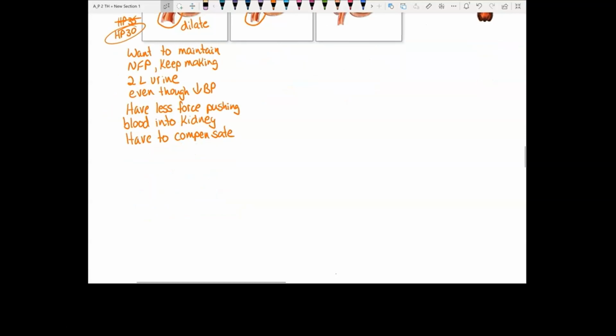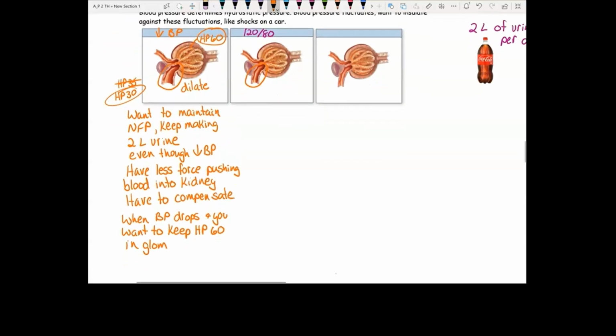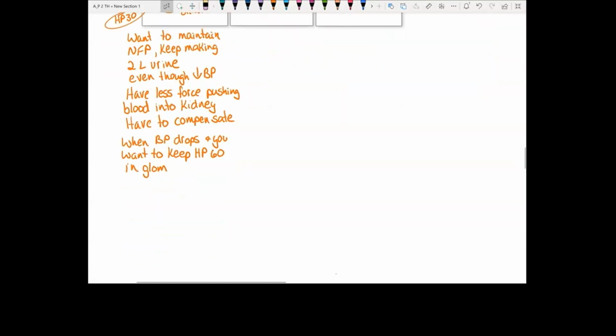So when blood pressure drops and you want to maintain that hydrostatic pressure of 60 in the glomerulus, then you compensate by dilating your afferent arteriole.